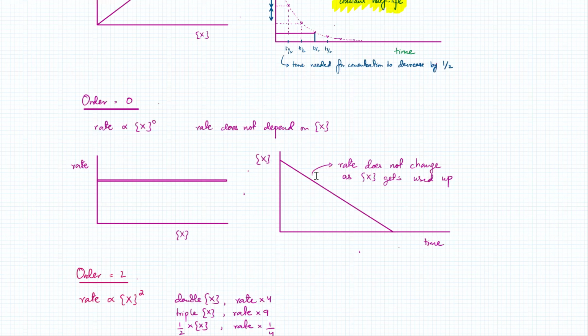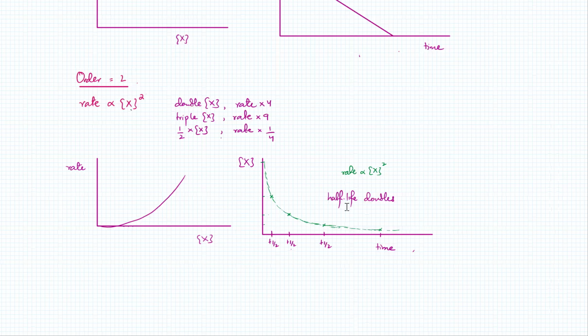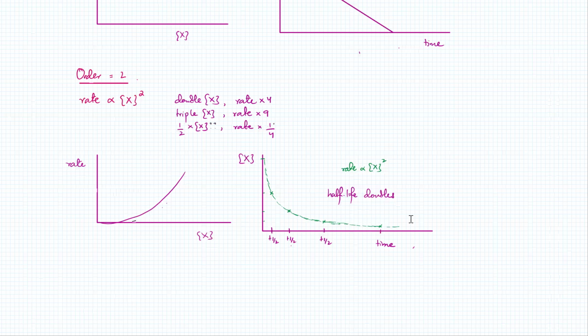If it's just a straight line and the rate of reaction remains unchanged as X keeps getting used up, that's order zero. And the last one is order two. That's when every time it takes a longer and longer time. So that means your rate is too sensitive. It means it's got order two. Okay. So are these things clear? The orders of the reaction. Is this clear? Yes, sir.